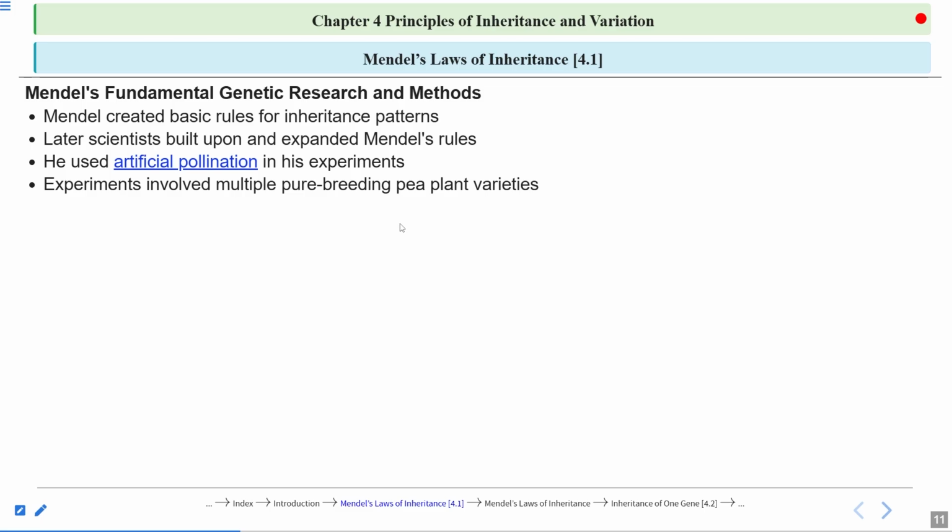Because of repeated self-pollination, these pure breeding varieties are homozygous for a particular trait. Means their genotype will be capital T, capital T, if we talk about height as a trait, or small t, small t. So they are homozygous for a particular trait because they are created by self-pollination, and they show stable trait inheritance.